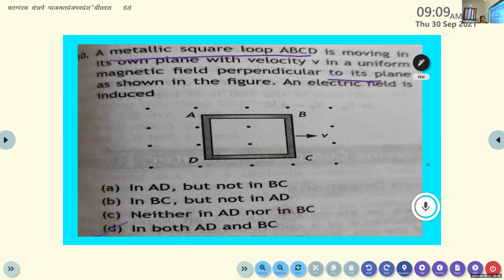Similarly, here the conductor is the metallic square loop. It consists of free electrons, which behave like charge carriers. Whenever this metallic loop moves inside this uniform magnetic field and the magnetic flux associated with this conductor changes, it will induce an EMF. This induced EMF will surely create an electric field in this metallic loop.